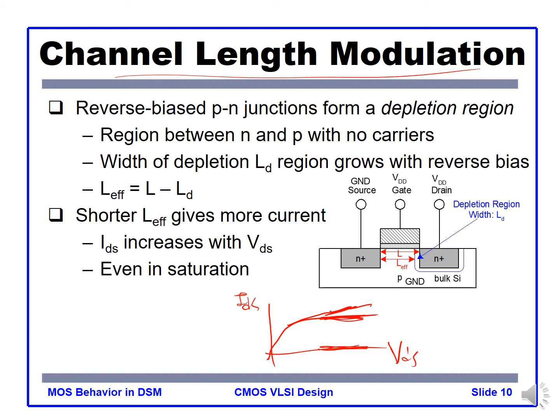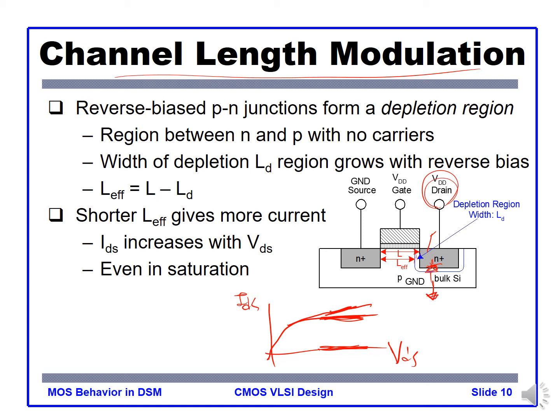Near the drain, there's a depletion region because this is a reverse biased diode, a reverse junction. If you increase the reverse voltage by increasing the drain voltage, you get a higher reverse junction voltage. The bulk is always tied to ground.